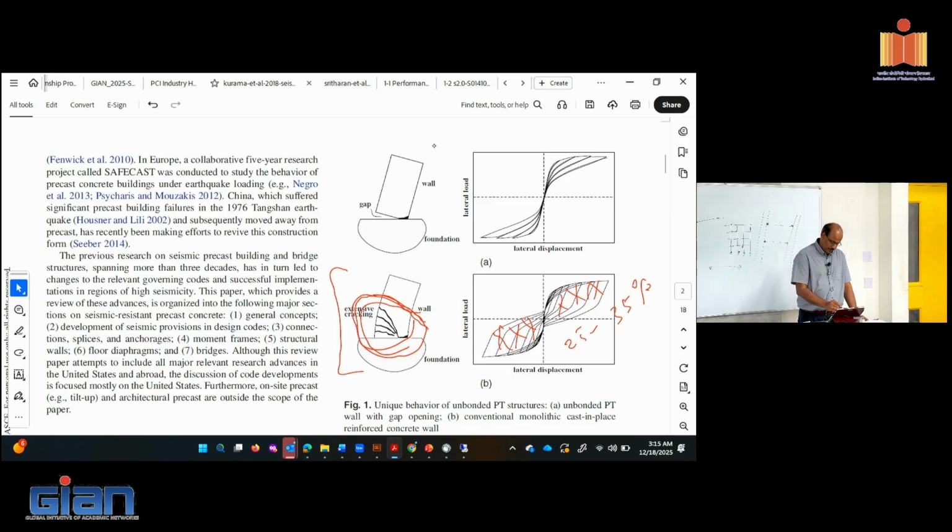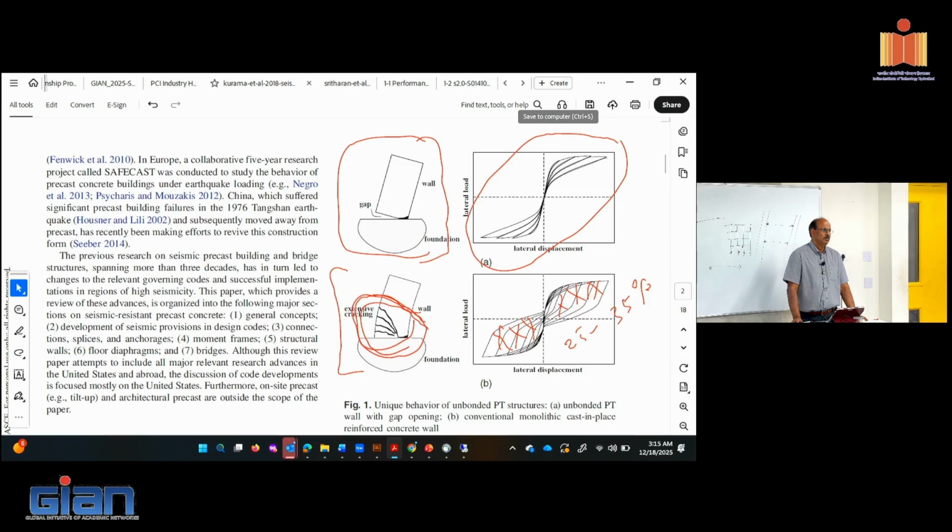If you look at this system here, this is a precast system. If you don't rigidly connect, and allow this to rock at the corners, for example, one of the disadvantages is that the shape of the hysteresis will be different, because you don't have the plastification or spread of plasticity as you see here, and therefore your energy dissipation is going to be limited.